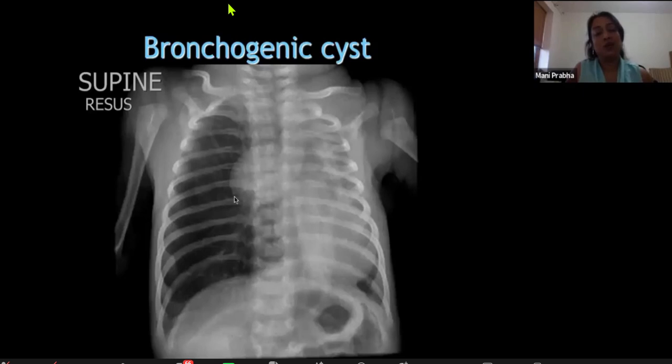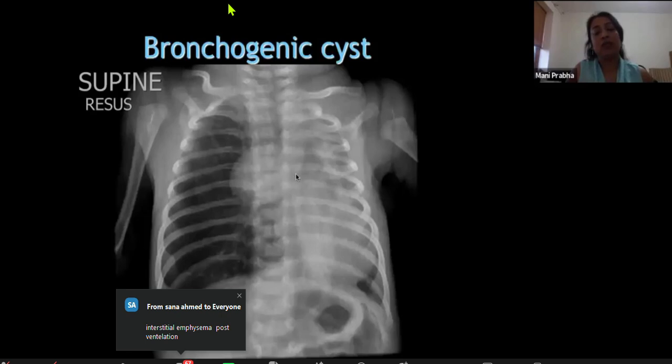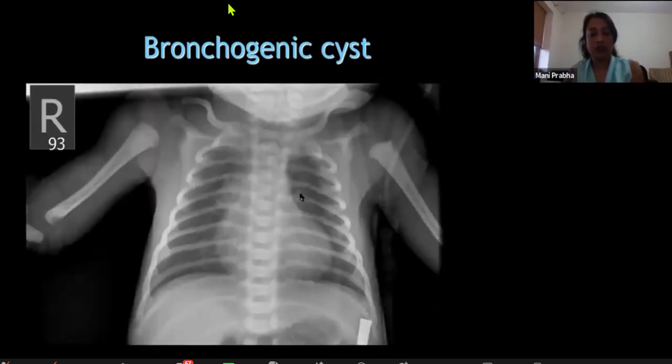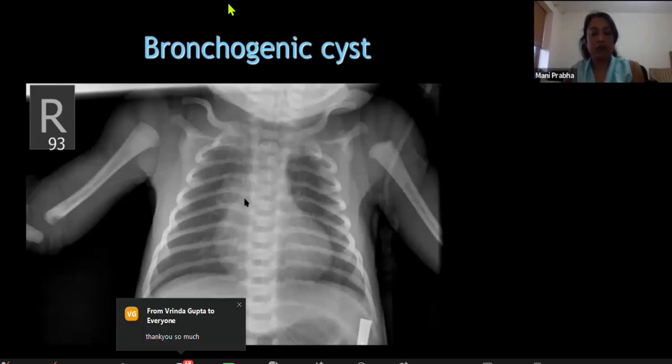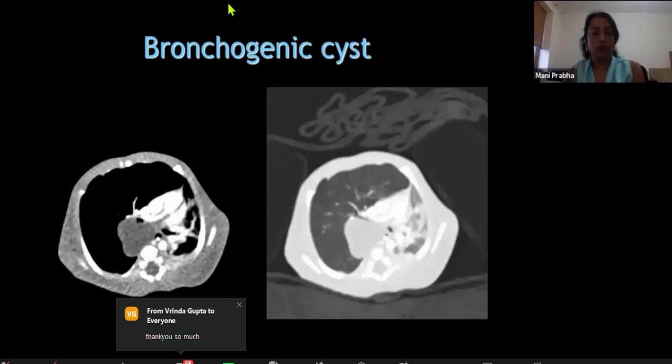This is causing expansion of the right lung, and eventually the left main bronchus is getting compressed, which is causing partial collapse of the left lung. And yeah, that's how it started. It was small, and then suddenly it expanded, and it started causing obstruction to the lung. And on CT, it appears like this. So we have already discussed bronchogenic cyst. This is one of the mediastinal cysts.